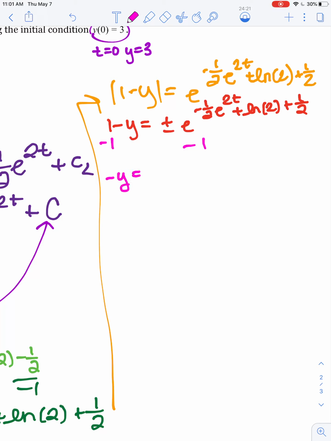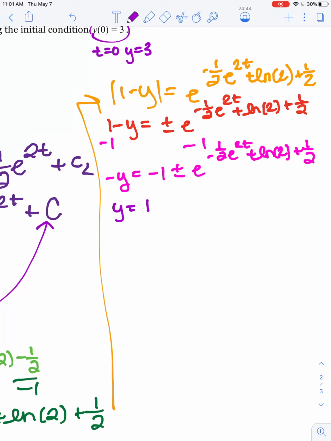So I have negative y equals negative 1 plus or minus e to the negative 1/2 e to the 2t plus ln of 2 plus 1/2. Okay, and I almost have y isolated. Notice there's just a negative sign, so we need to divide out that negative.